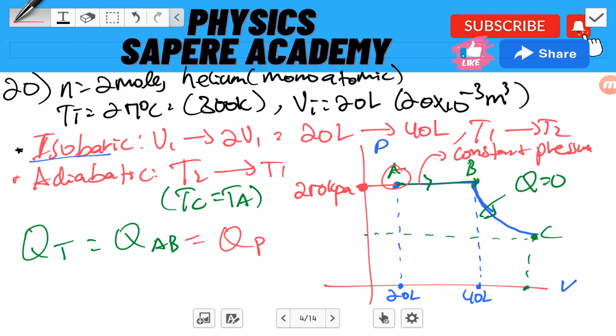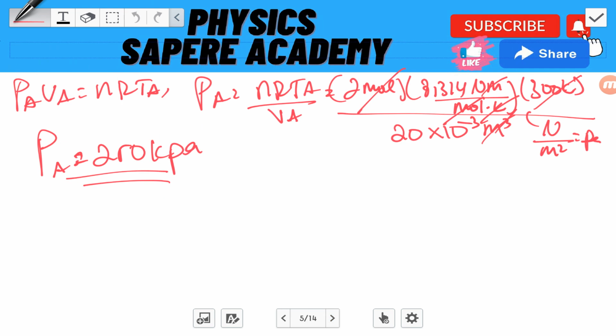Now that we know it is 250 kilopascals, we can try to find the temperature here. We know this one is 300 Kelvin, it is already given, since we started with TC equals TA. So what is the temperature TB?